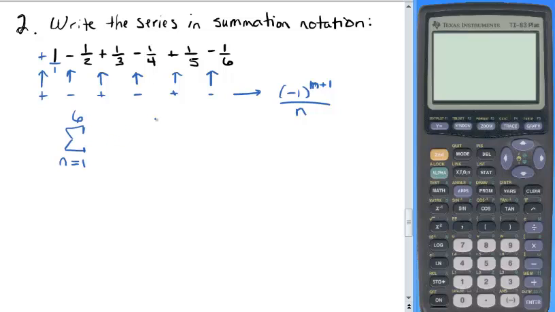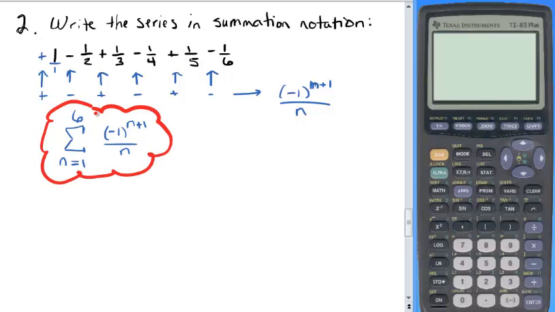And then I'm going to write the sum of specifically the formula that I just found. -1 to the n plus 1 power divided by n. This entire thing then here represents my summation notation for the given series.